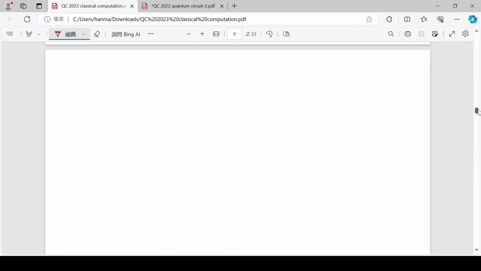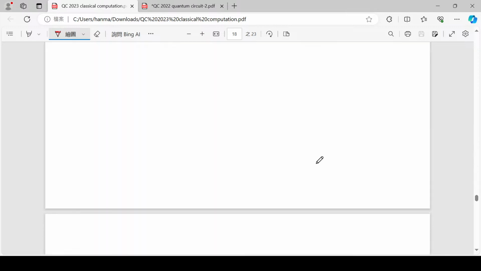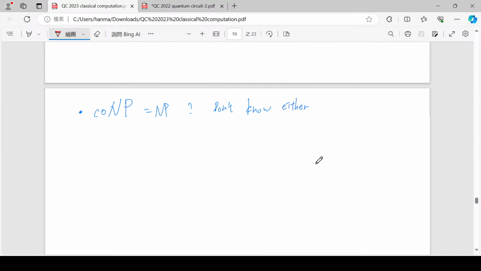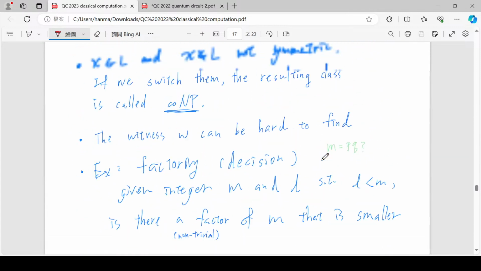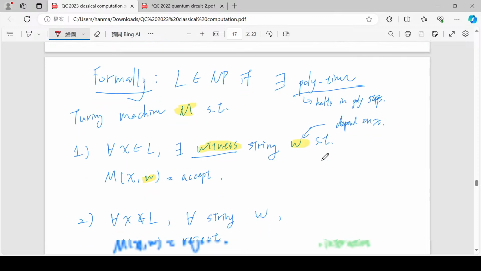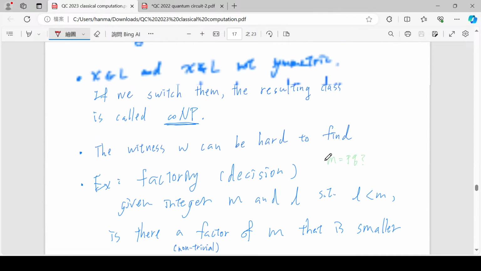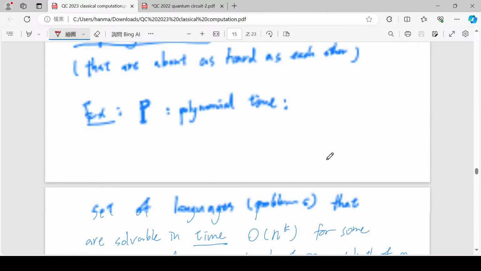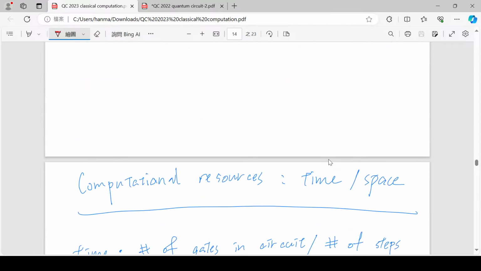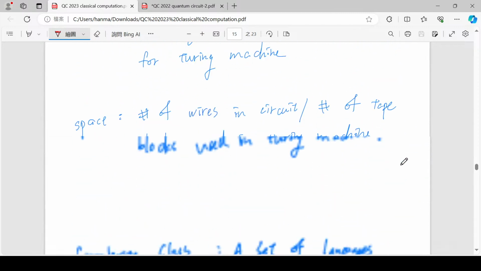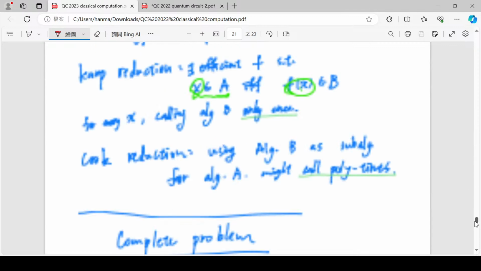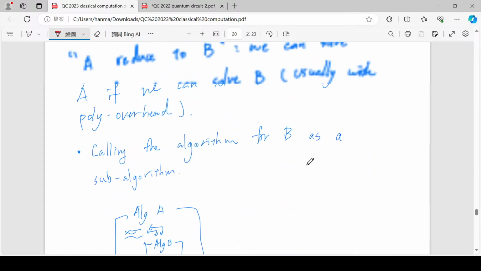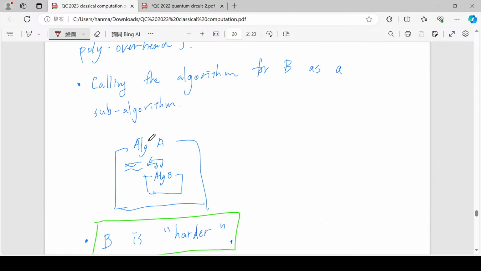There is a circuit model, there is a Turing machine, and there is reduction. Reduction is very useful in all kinds of contexts. It gives us the concept of a complete problem, and also the concept of which problem is harder than which. When you design an algorithm, you might call some sub-algorithm.